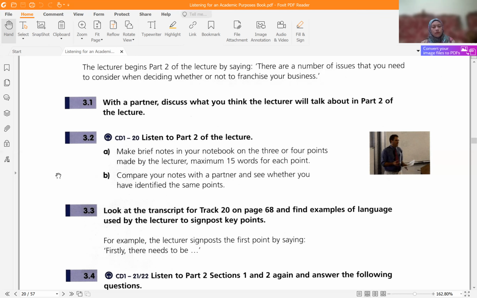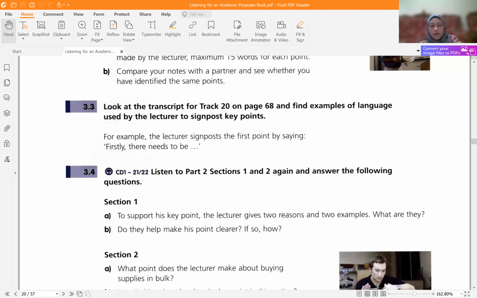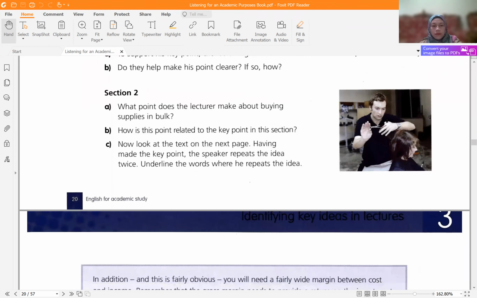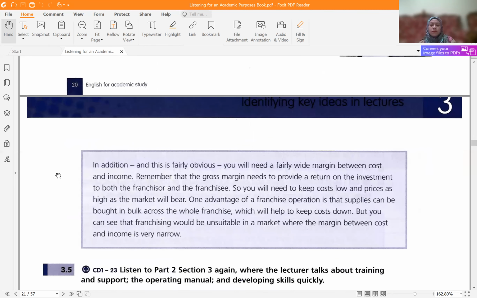Section 2. In addition, and this is fairly obvious, you will need a fairly wide margin between cost and income. Remember that the gross margin needs to provide a return on the investment to both the franchisor and the franchisee. So you will need to keep costs low and prices as high as the market will bear.